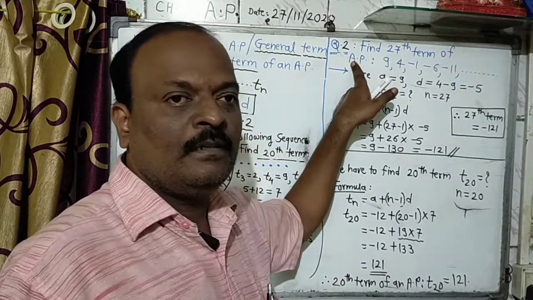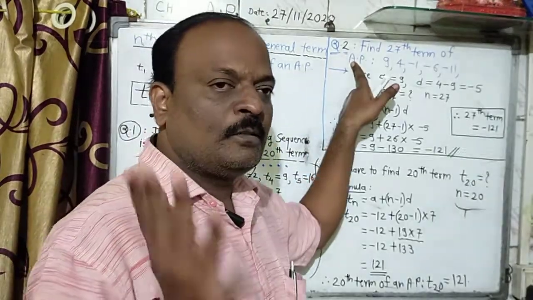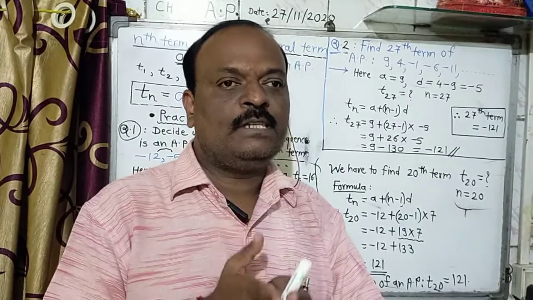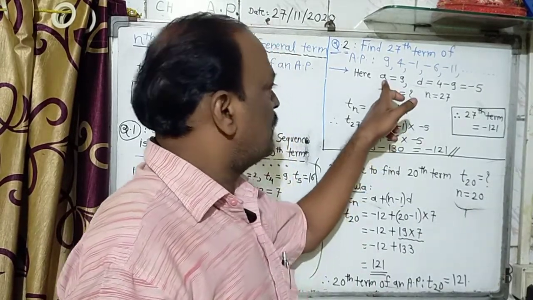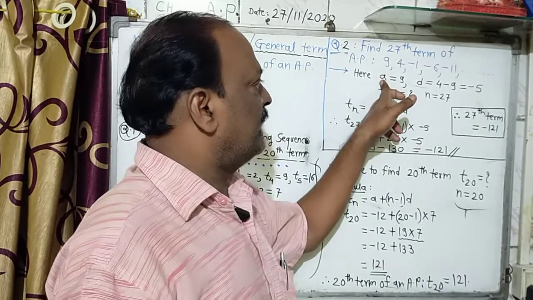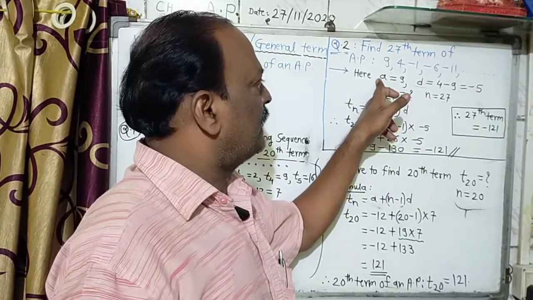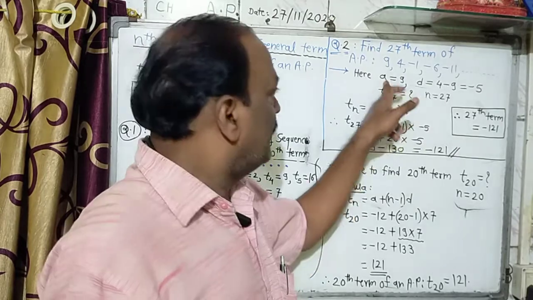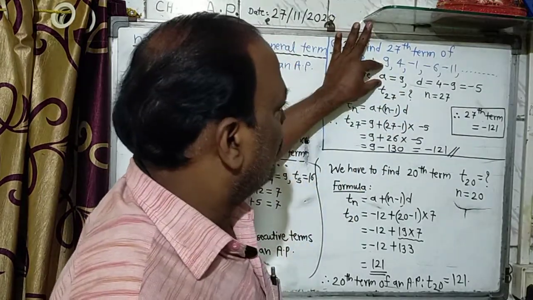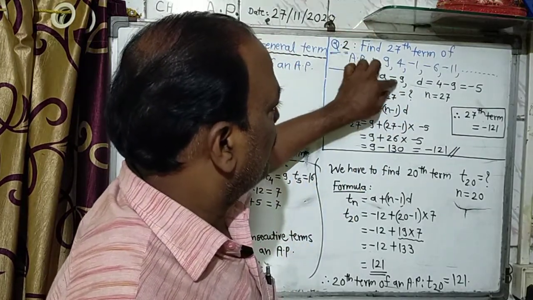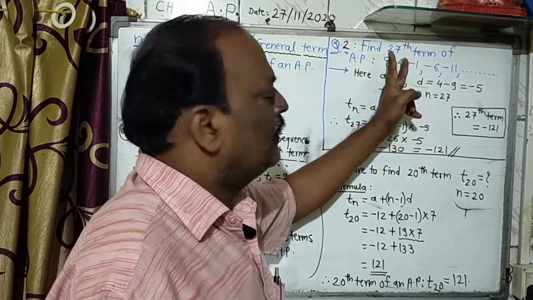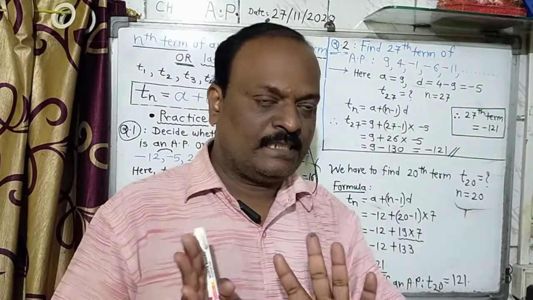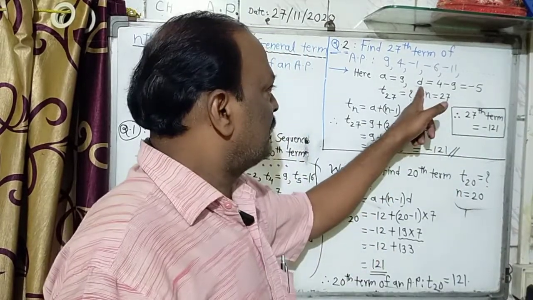Now the AP is given. First write the first term: T1 is also denoted by A. A is equal to 9. The first term A is 9. For the difference, you can take the difference of any two consecutive terms. D is found as T2 minus T1.